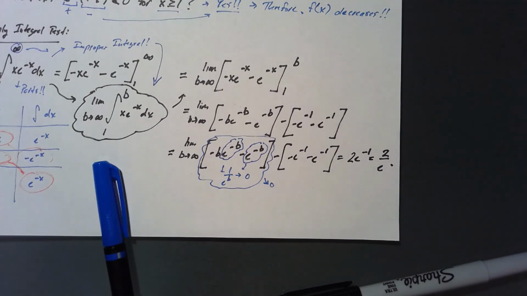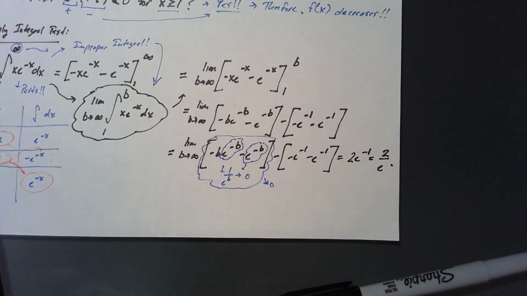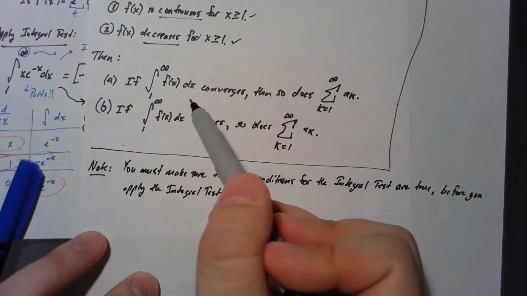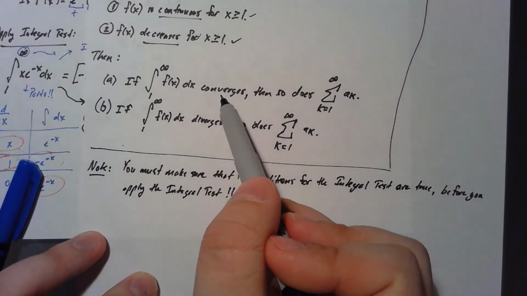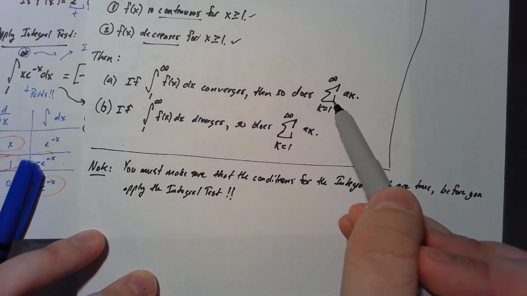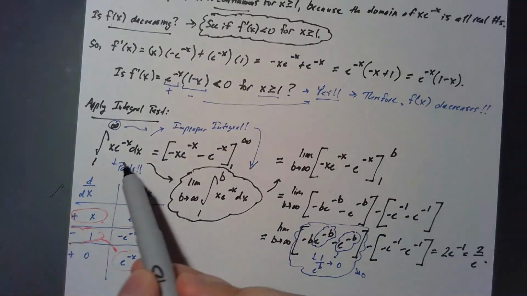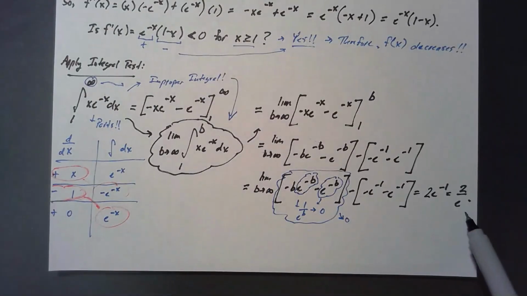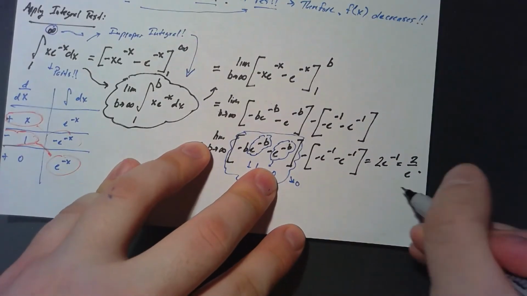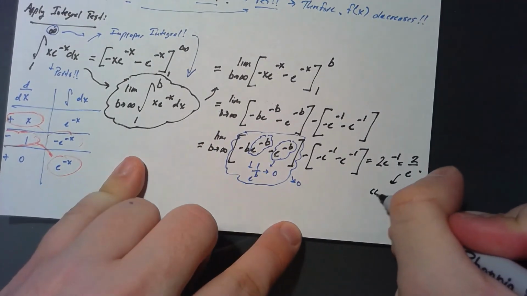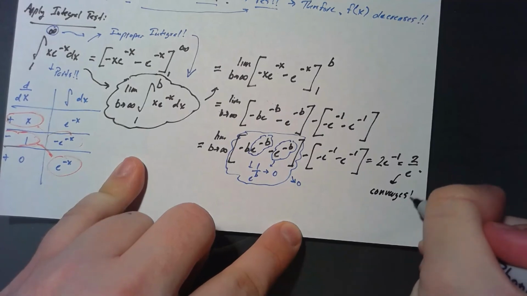Now, let's look at the conditions for the integral test. What did the integral test say? If the integral converges, then so does the original series. If the integral diverges, then so does the original series. Well, what did this integral do? We got a number, right? So, since we got a number, 2 over e, the integral converges.